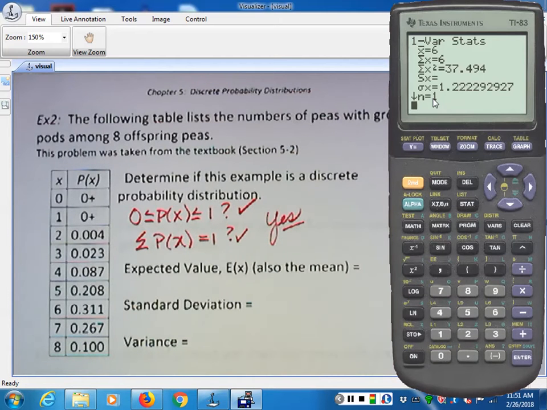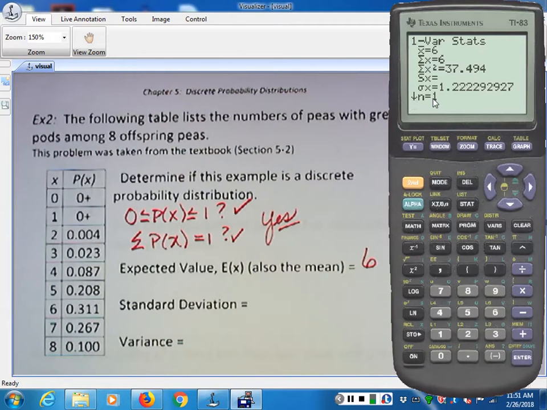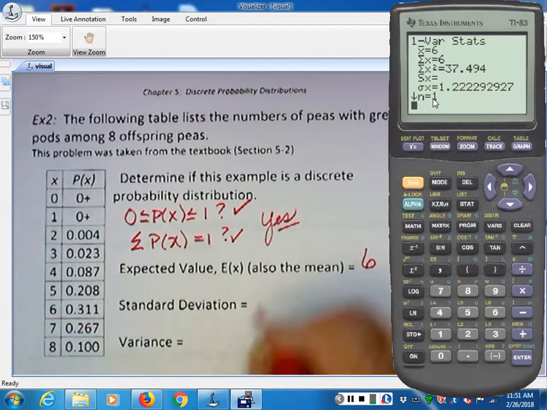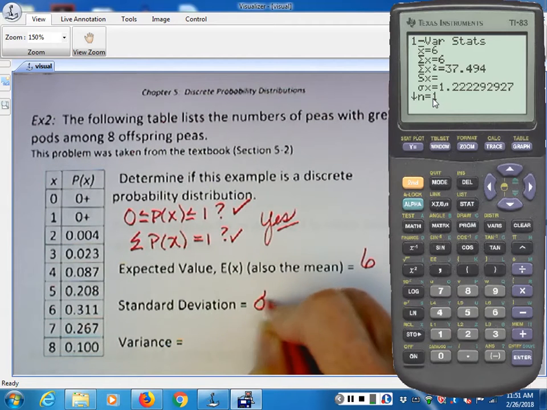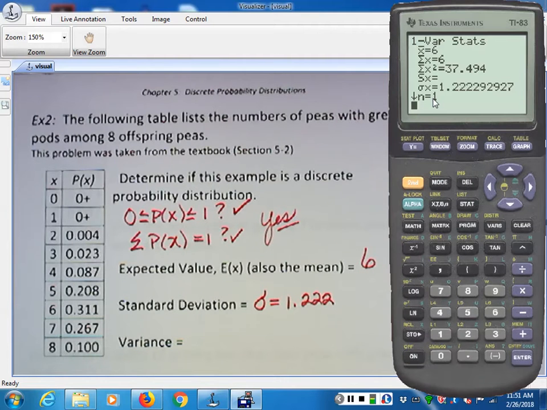So now we have the expected value, E of x, which is the mean, which is 6. And the standard deviation is 1.222. And if we round it off to 3 decimal places, which is plenty of decimal places, then it's just going to say 1.222.